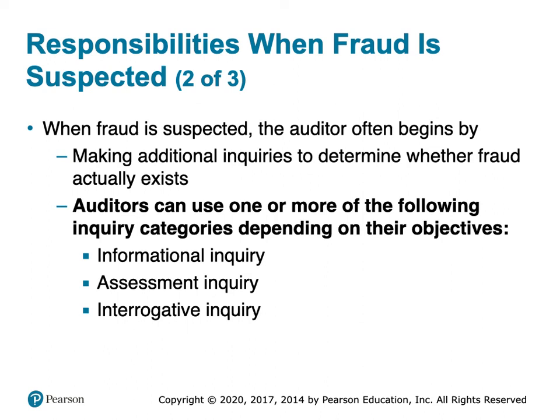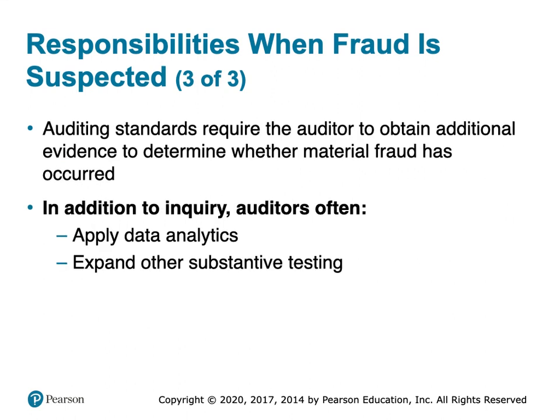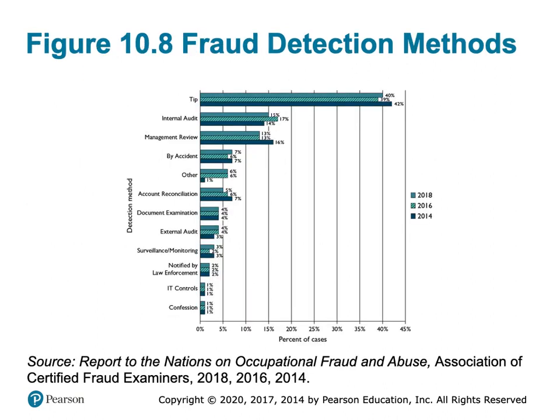When you get to the point where you're doing interrogatives, this is often accusatory, and you have enough information to really establish that there has been a fraud, and now you're trying to figure out who's actually responsible. You have to figure out whether material fraud has occurred in addition to inquiry, data analytics, and other substantive procedures. Tips and internal audit, and even management uncover fraud quite significantly.